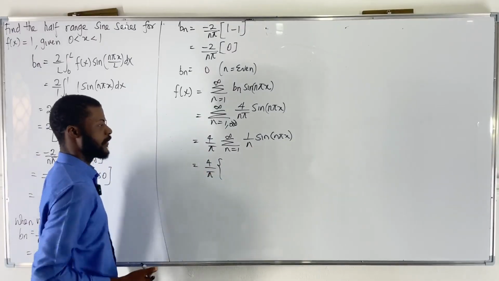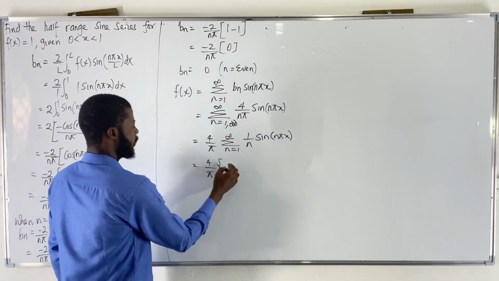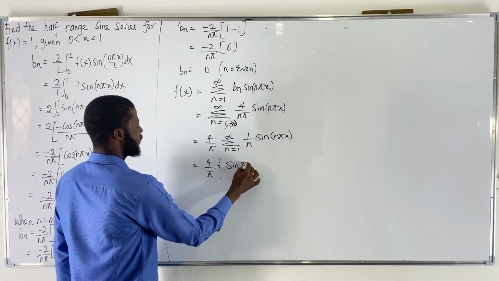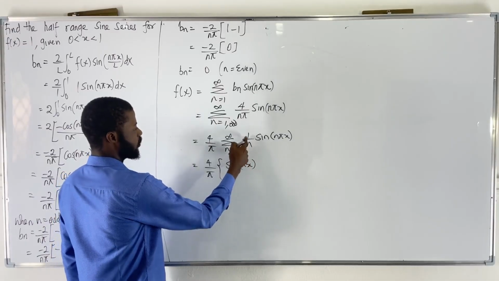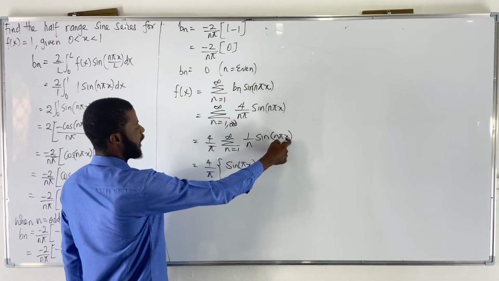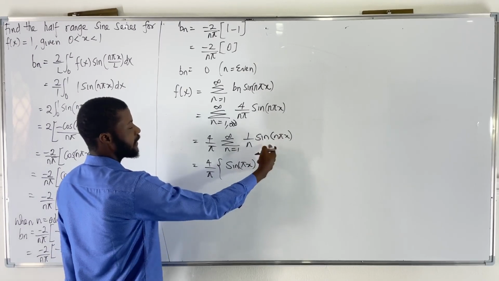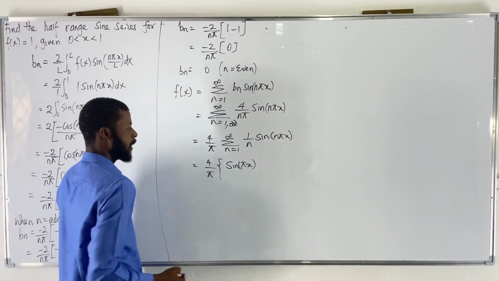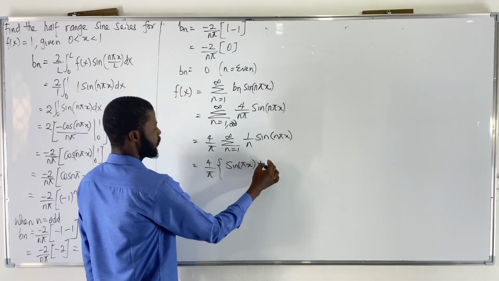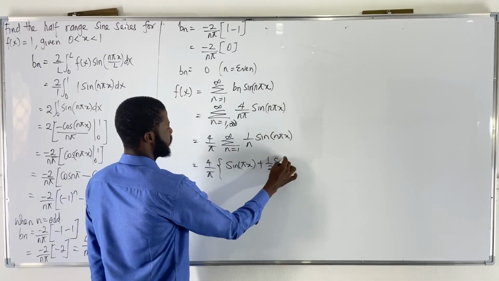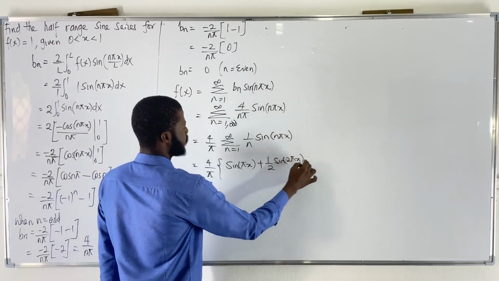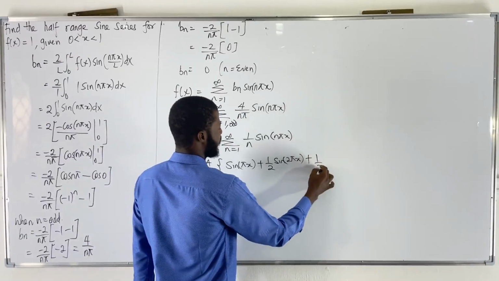Let's list out some terms. So let n become 1. So this just becomes sine pi x when n is 1, because you have 1 over 1 sine 1 pi x. But 1 times anything is that same thing. So this will just be sine pi x. Plus when n is 2, this will be 1 over 2 sine 2 pi x. When n is 3, 1 over 3.